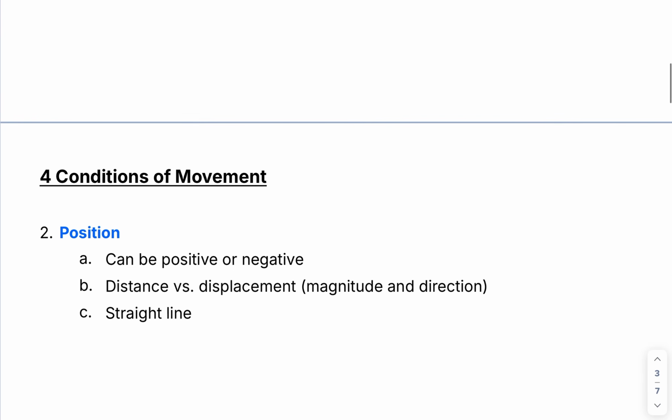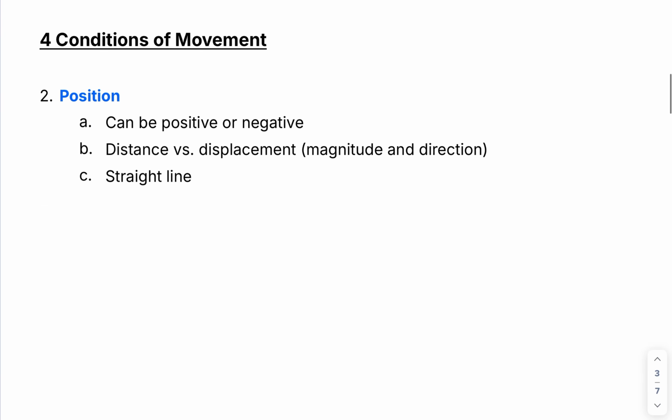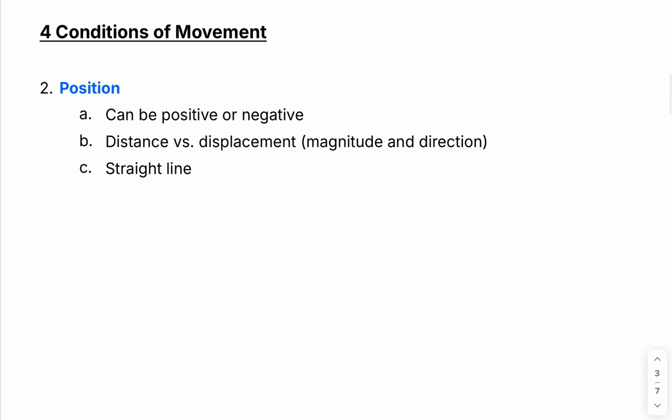Now, the second condition of movement is position. Position can be positive or negative. What you determine as positive or negative is arbitrary. The point is you have the ability to set those.